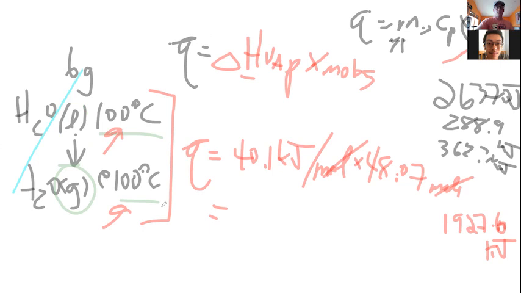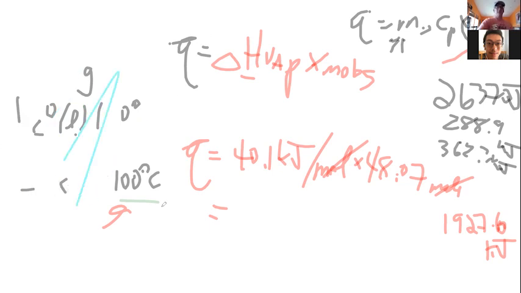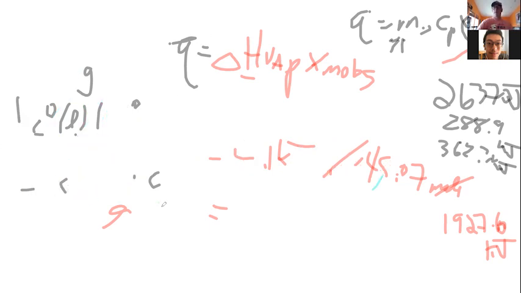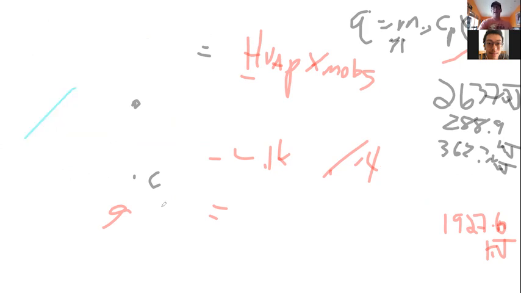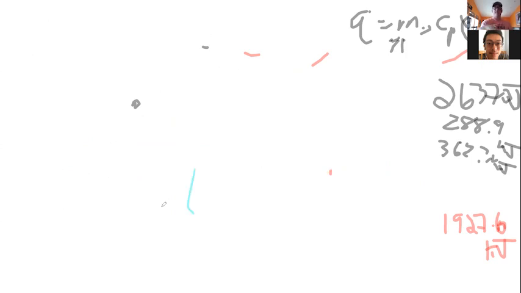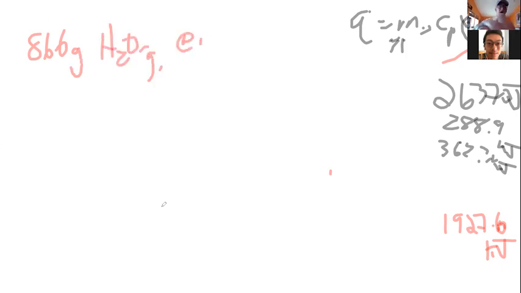So now, what do we have? We have 866 grams of water vapor, right? We started with solid ice at minus 15, and we finally turned it into 866 grams of water vapor at 100.